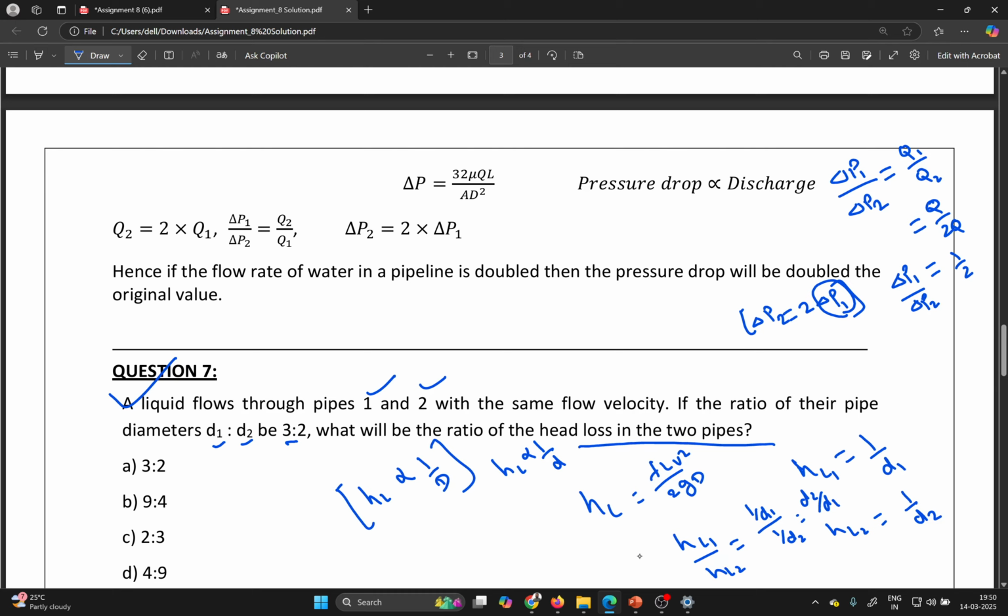So HL1 divided by HL2 is D2 by D1, meaning 2 by 3. As you know, D1 by D2 is given as 3 by 2, so D1 is 3 and D2 is 2. That's why it is 2 by 3. Hope you got it. Option C will be correct.